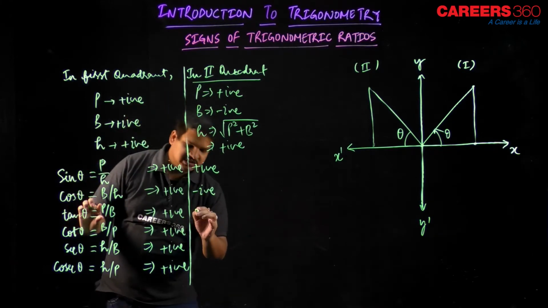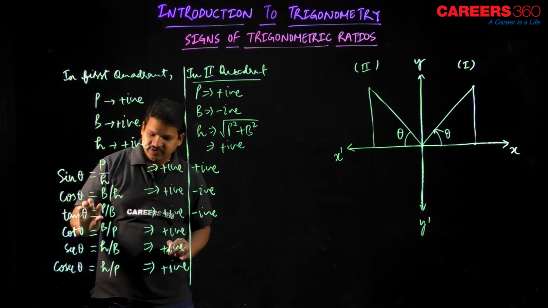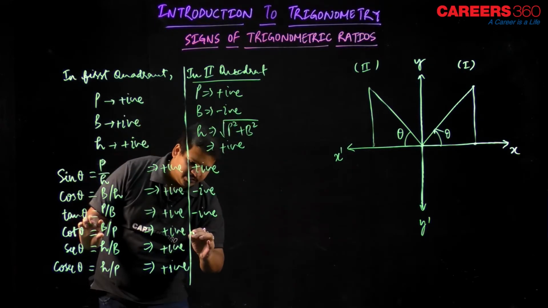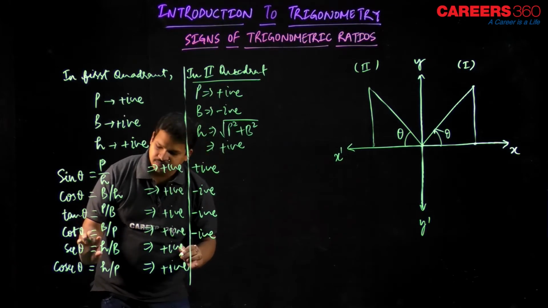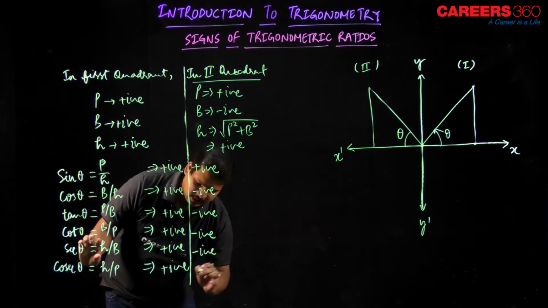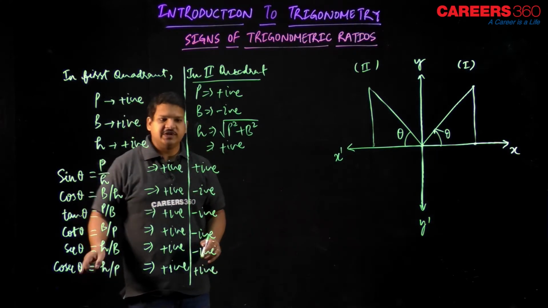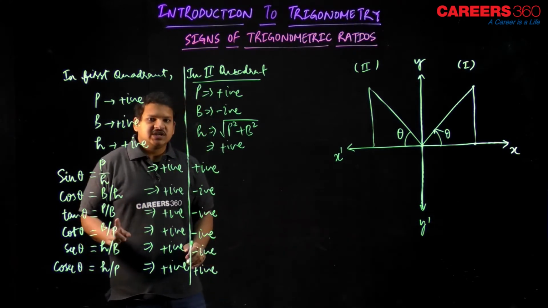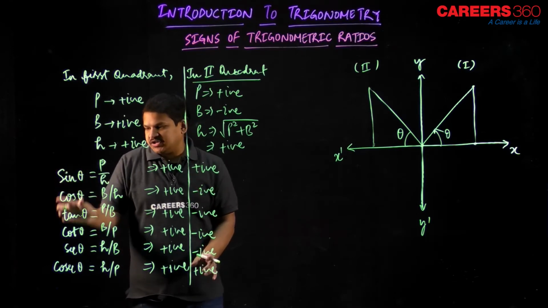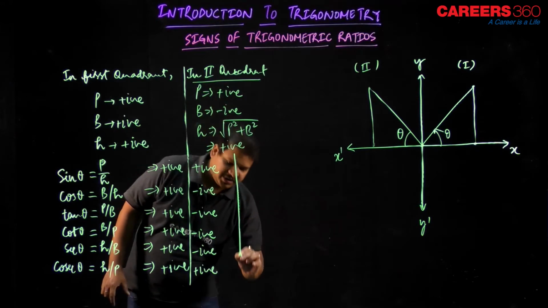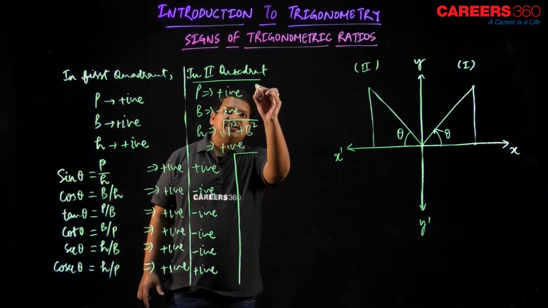Perpendicular upon base, again this will be a negative value. Wherever the base comes, it will be a negative value, and this one will be positive because it is free of base, right? So that is how the signs of trigonometric ratios are defined in the second quadrant. I hope it is making complete sense to you.